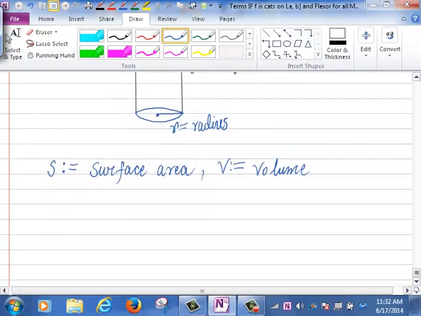What is my goal then? Goal is to minimize surface area subject to what?